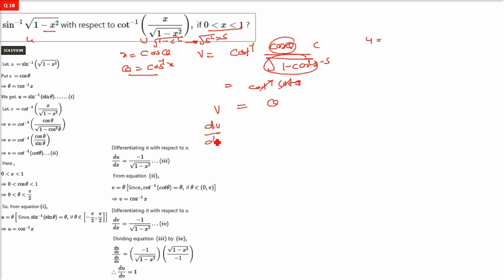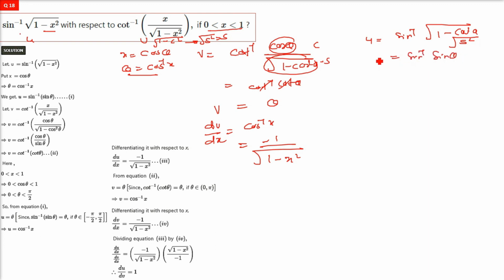So dv by dx is theta. You have to write cos inverse x. Derivative of cos inverse x is minus 1 by under root 1 minus x square. U is sine inverse under root 1 minus x square. So 1 minus cos square theta is sin square theta. Under root of sin square theta is sin theta. Right? So this you can cancel.